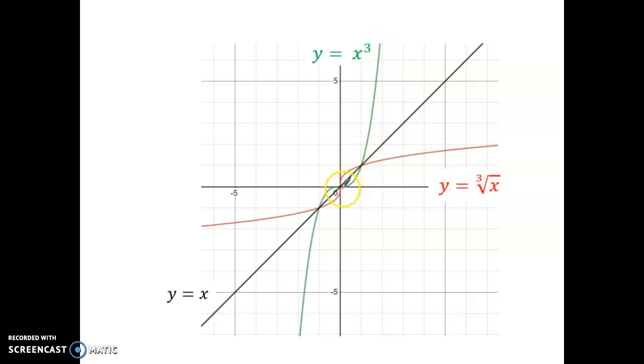You can see this part is mirrored right here in this part. And then the negative part of x cubed is mirrored right here in the negative part of cube root of x. So they are inverses, they are opposites, they are mirror images of one another across this line y equals x. And hopefully that's going to help you remember the shape, that they are just mirrors of one another across that diagonal line.